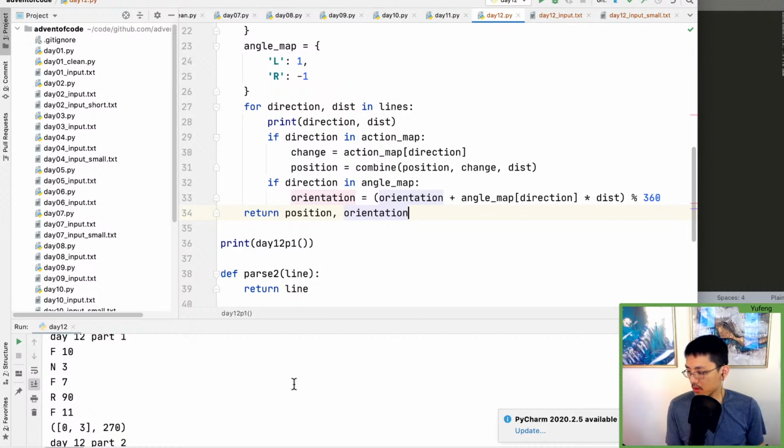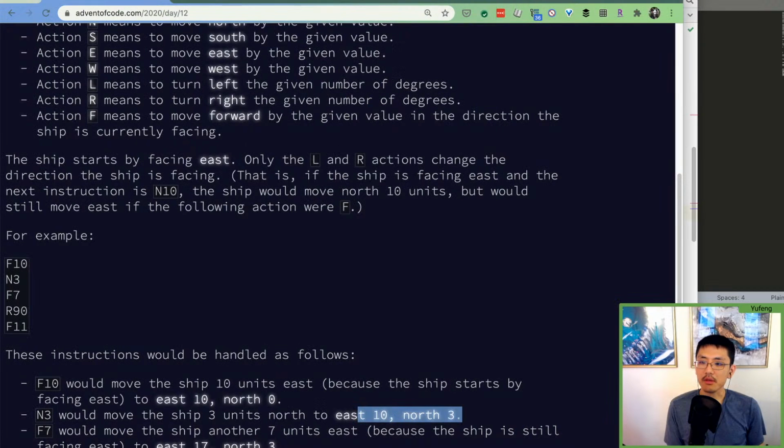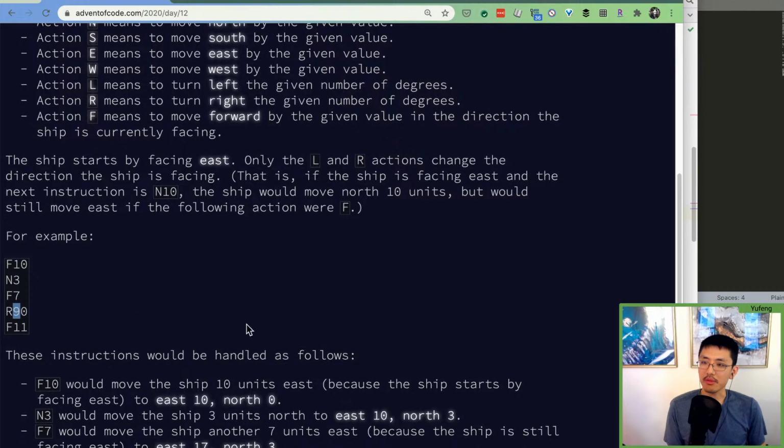And I forget what it was supposed to be. Our turnaround and face south. That is 270, so that's good. Granted, we only made one turn. This is hardly what I would call a robust example.